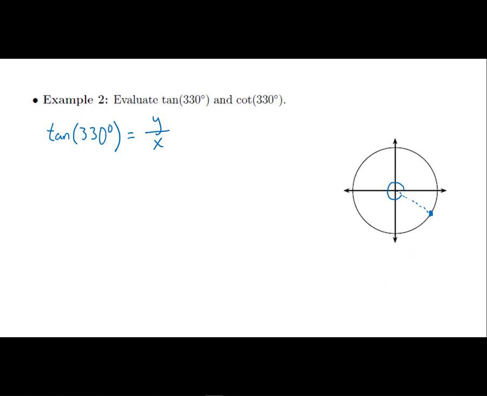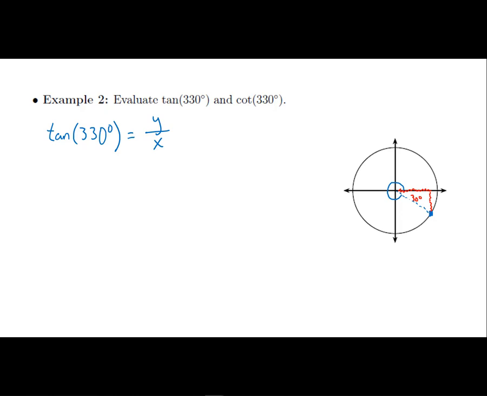So as I look at where I'm at on the unit circle, and I understand that I have this reference angle of 30 degrees here, I know that I'm basically forming this triangle to figure out what my point is. Okay, and so I know that the longer side here is my x, the shorter side's my y.